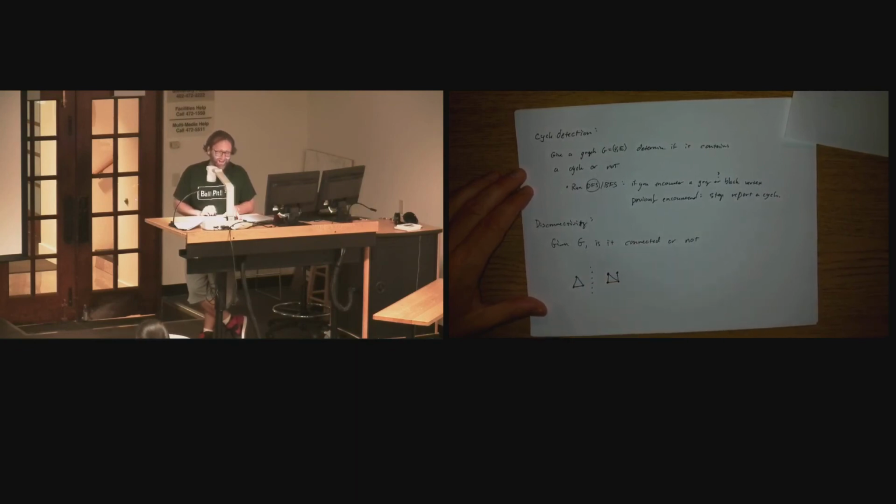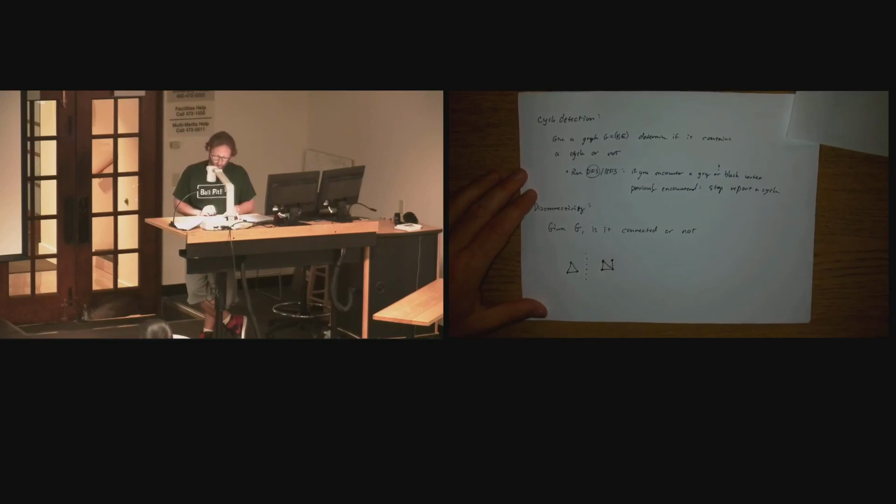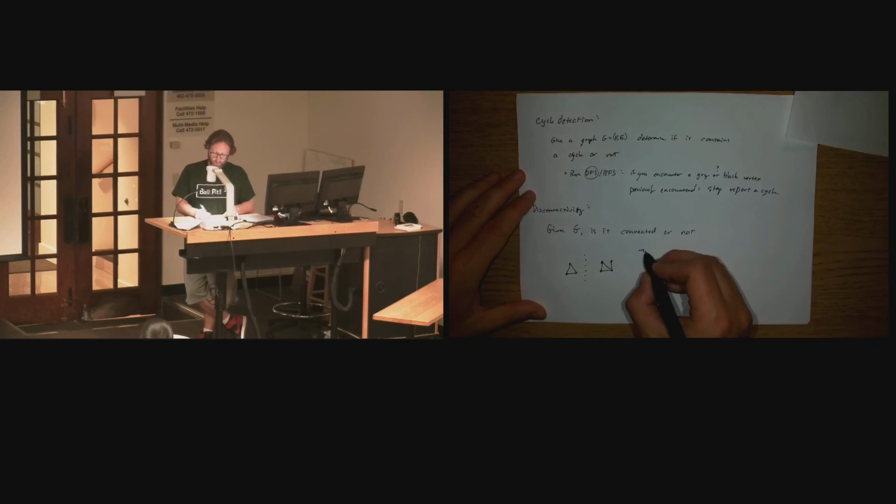There's a disconnected graph here. How could you use DFS to detect this? Perform a single DFS. And if I perform a DFS over here, at the end of it, all of these are going to end up being colored black. But what about all these over here? They're going to end up being still unvisited white vertices.